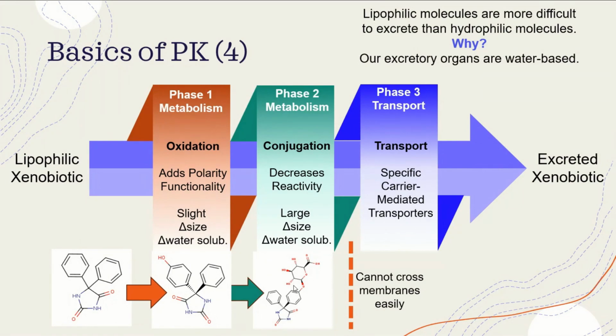And these often have abbreviations SLCs and ABCs, that are looking for this particular cargo, able to transport it out of the cell and then hopefully be excreted. The two major sites for drug excretion, of course, are the kidney and the liver, which will go respectively into the urine and to the bile.